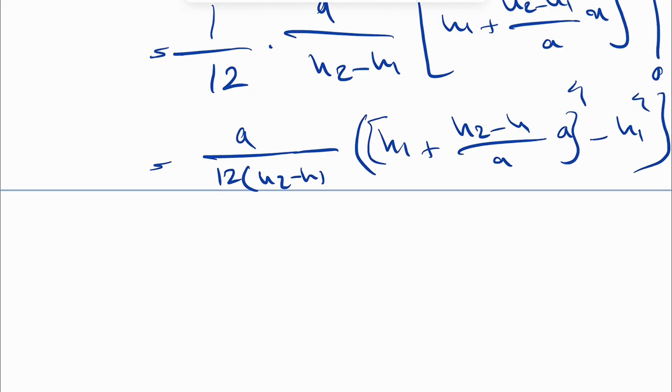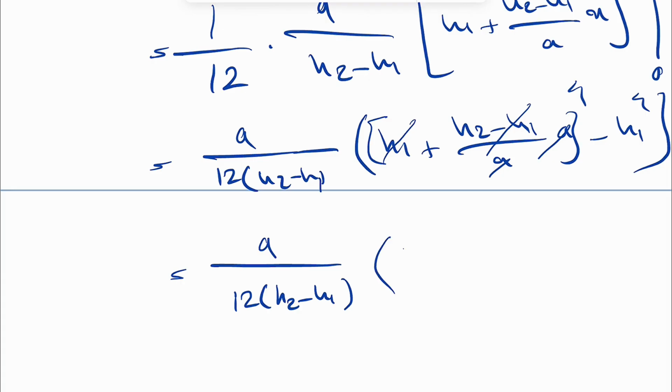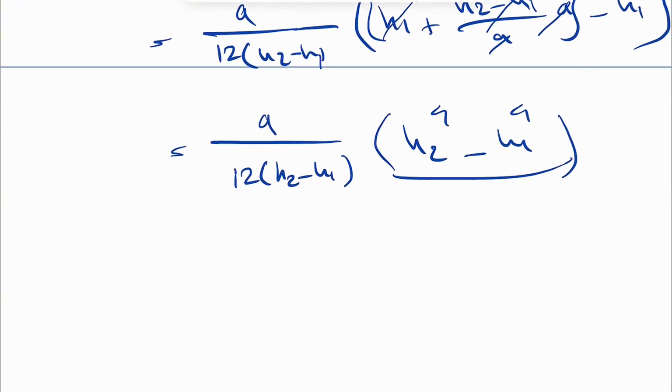So now we need to make this a bit simpler. The a in here will be cancelled out, and what we're going to have is a over 12 (h2 minus h1) times (h2 to the 4th minus h1 to the 4th power). So we can open this up. It's the difference of squares.